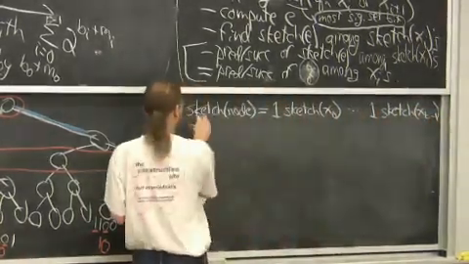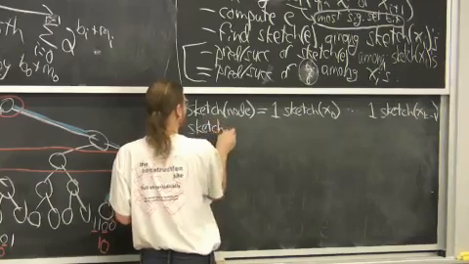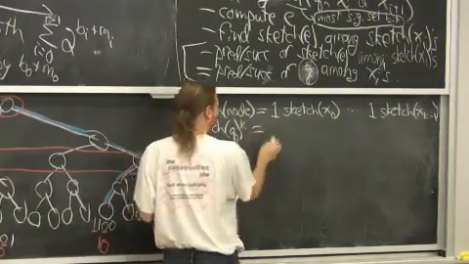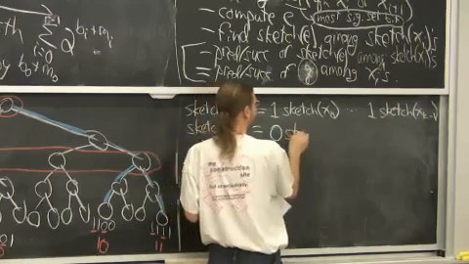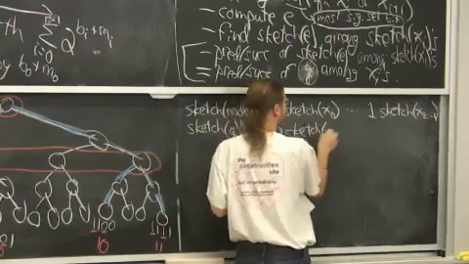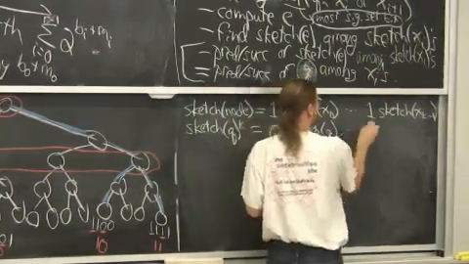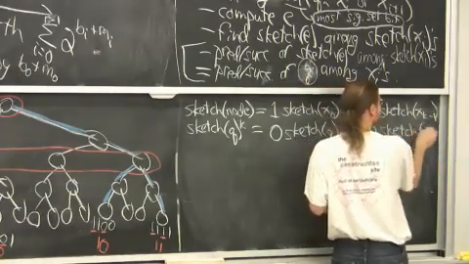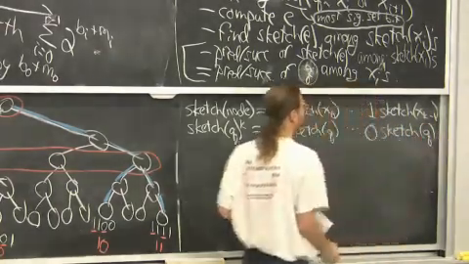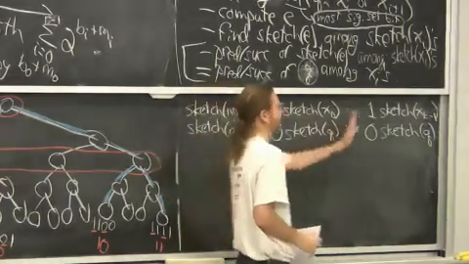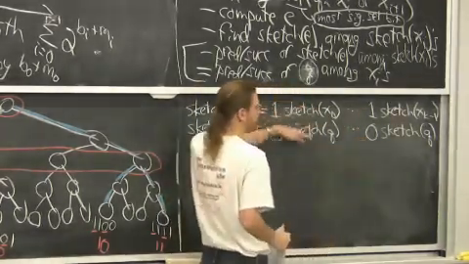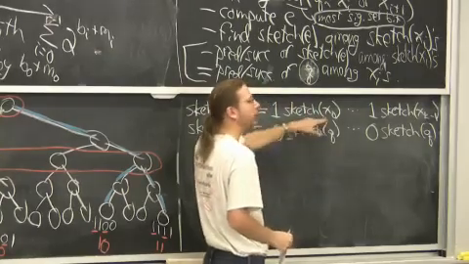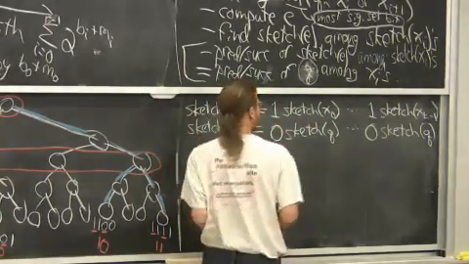And I'm going to define sketch of q to the kth power, so to speak, to be a 0 bit followed by sketch of q, 0 bit, sketch of q. Okay, this is aligning things so that if I did this subtraction, I would basically be comparing Q with all the xi's at once.